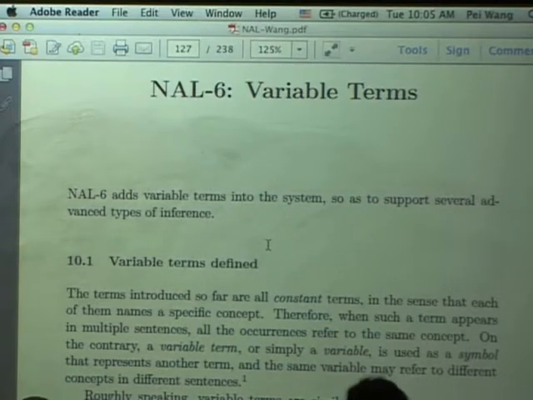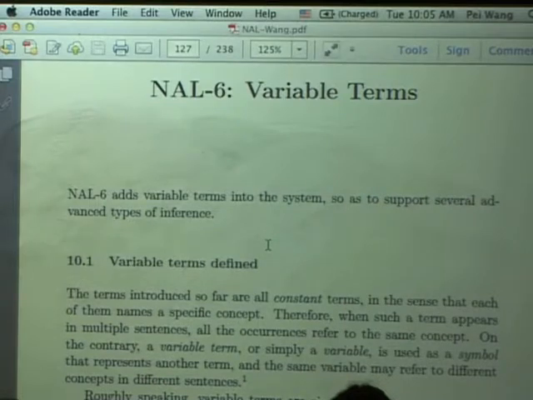Instead, I have been saying that every term is the name of a concept, which is an internal data structure. So that's the place where a variable term is different from the other terms.